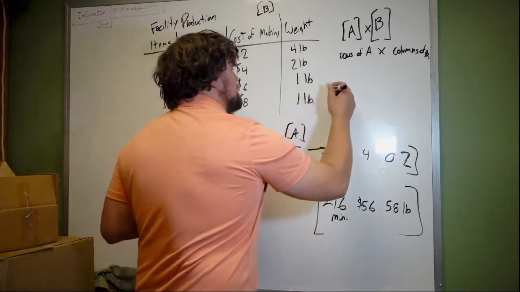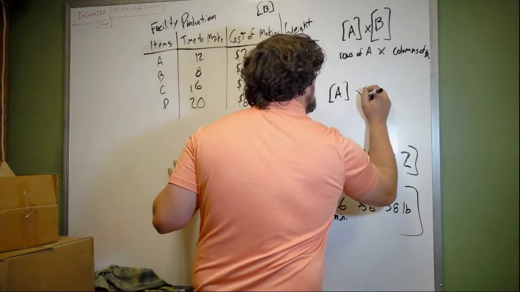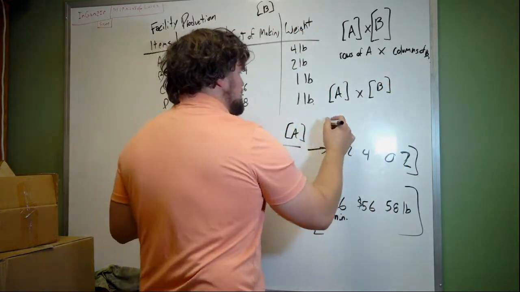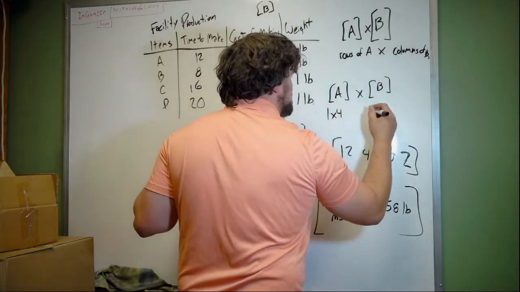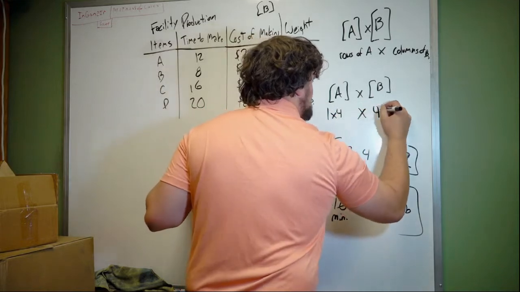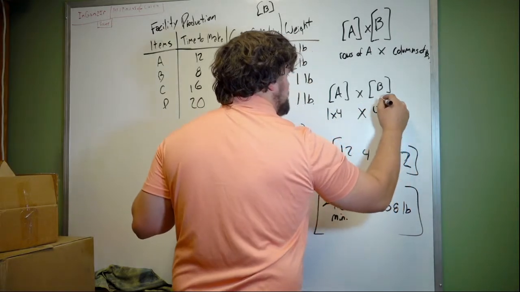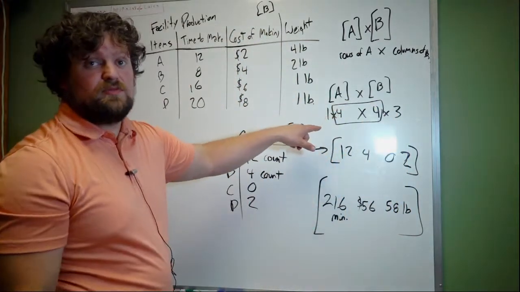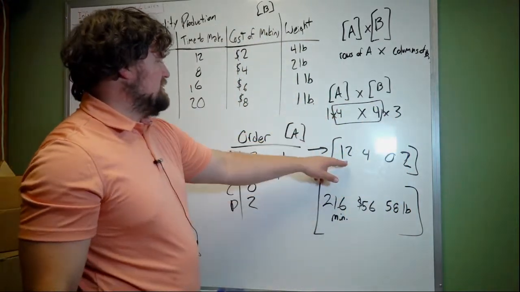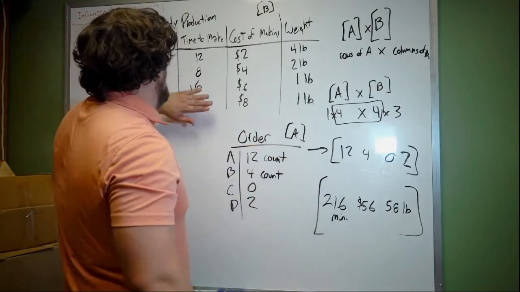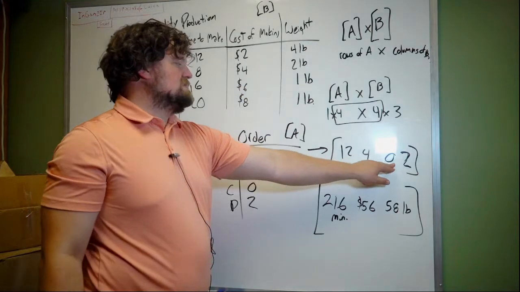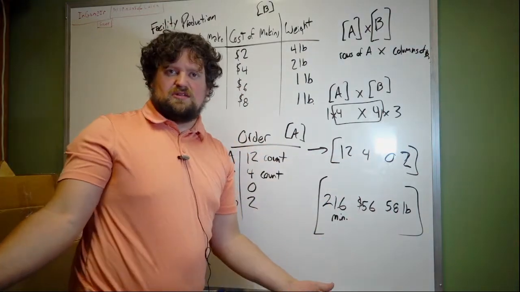So we start with A times B, and the dimensions of A are 1 by 4, and we cross that with a dimension that is 4 by 3. Here, the 4s are the same. They have to be in order to multiply. Otherwise, I'm trying to take 12 items of A, 4 items of B, 0 items of C, and then 2 doesn't mean anything.